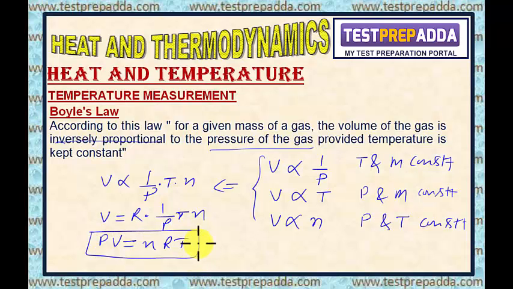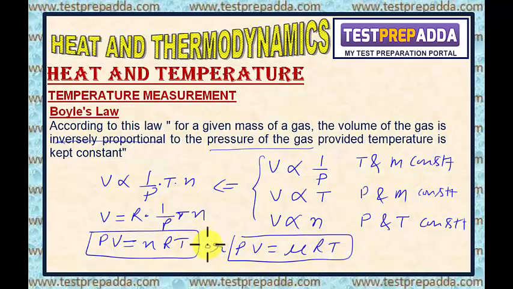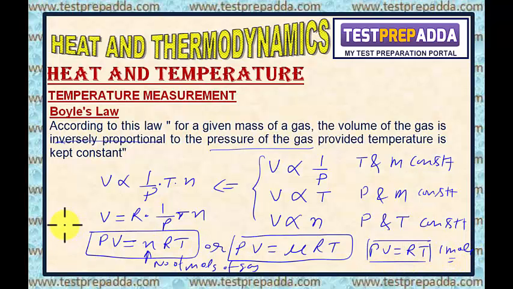Sometimes in physics we write this as PV is equal to mu RT, where n or mu is the number of moles of the gas. And for 1 mole we can write PV is equal to RT. This is for 1 mole, and this equation is known as the ideal gas equation.